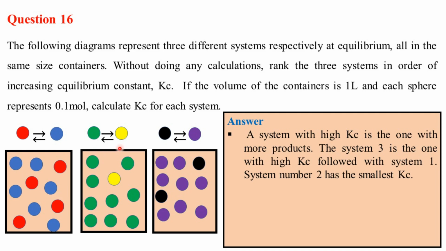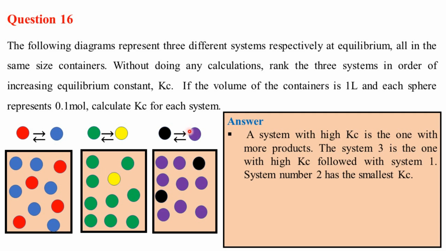Let's move to the second system. In the second system, you have only the product in small amount. That means this one will have the smallest value of Kc.